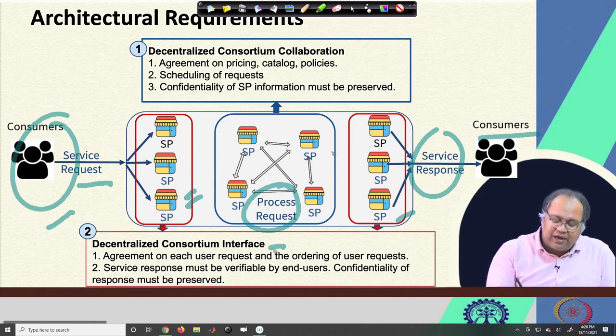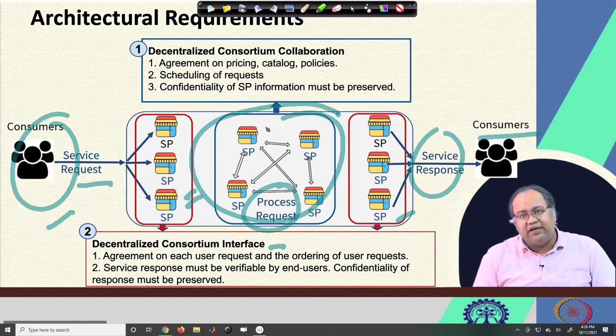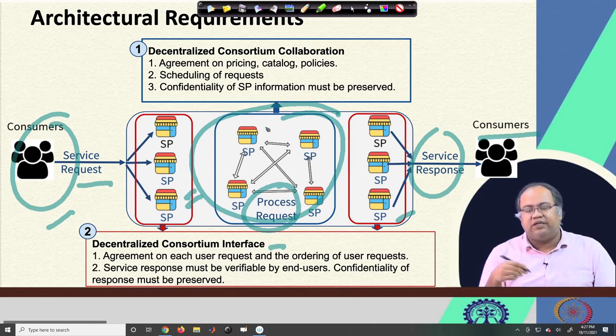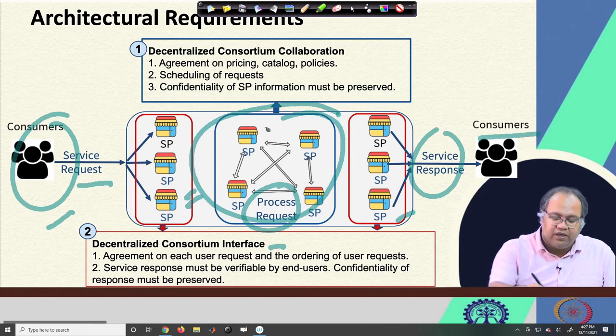And on the other hand, in the middle we have these multiple service providers, and among multiple service providers we need to have a decentralized consortium collaboration, so that they can collectively process the request and generate the response. So there needs to be an agreement on the pricing, catalog and policies. There should be a requirement of scheduling the requests. The confidentiality of the service provider information also needs to be preserved.